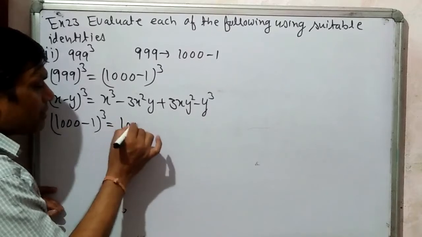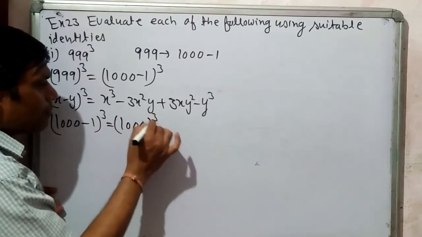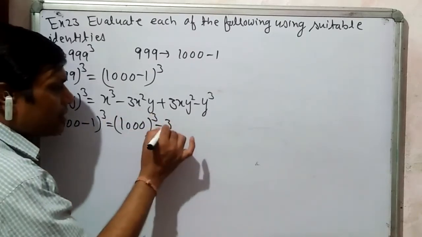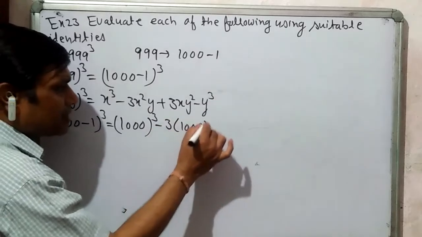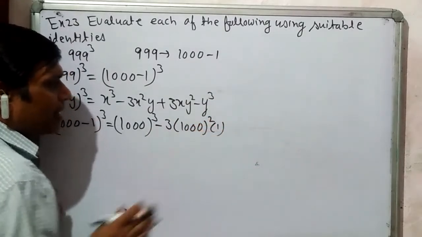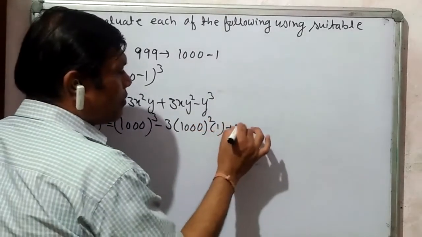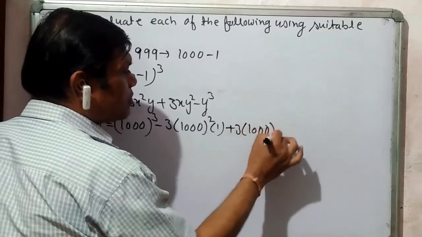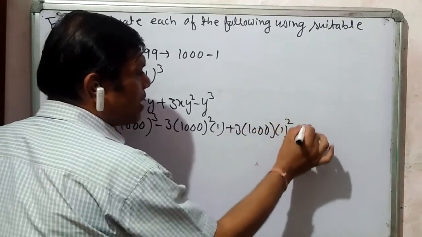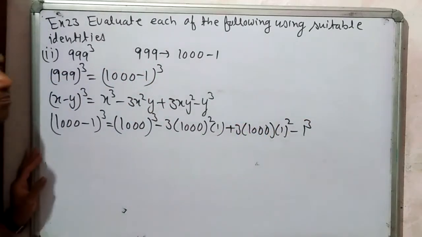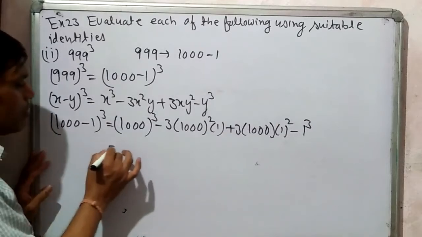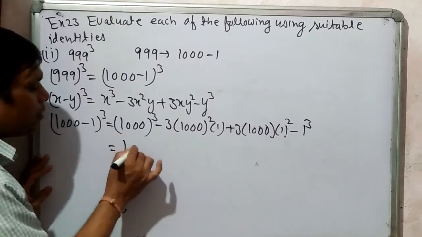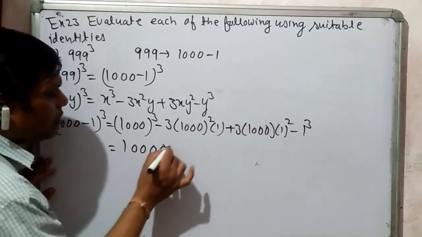In place of x, 1000 cube. 3 as such, x is 1000 square, y is 1. 3, x is 1000, y is 1 square, minus 1 cube. Solve this out. Cube of 1000 will give me 9 zeros.